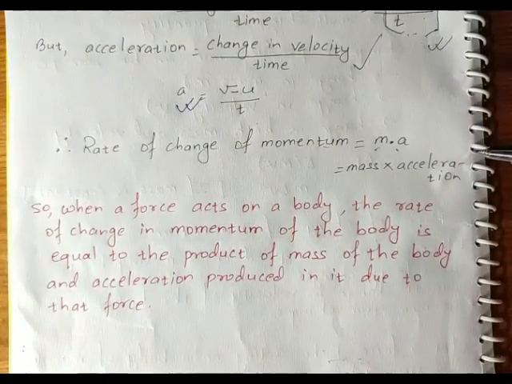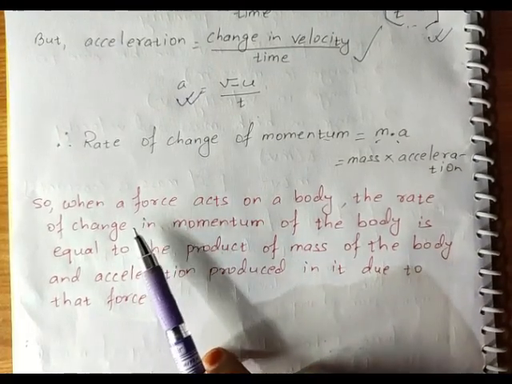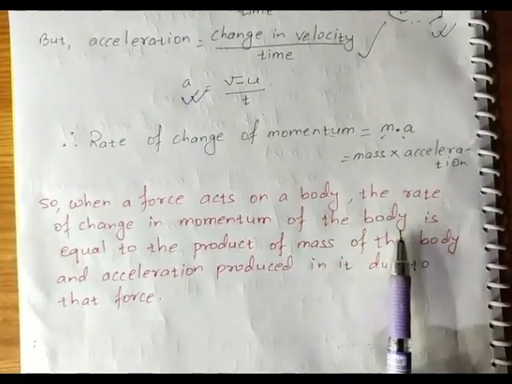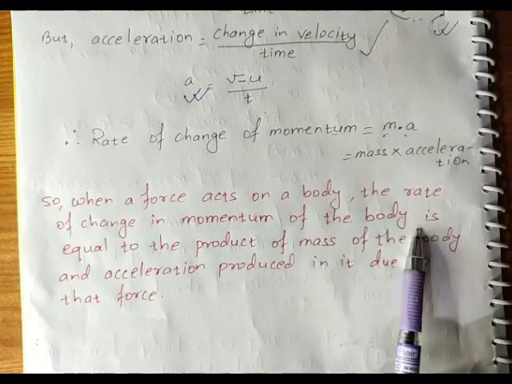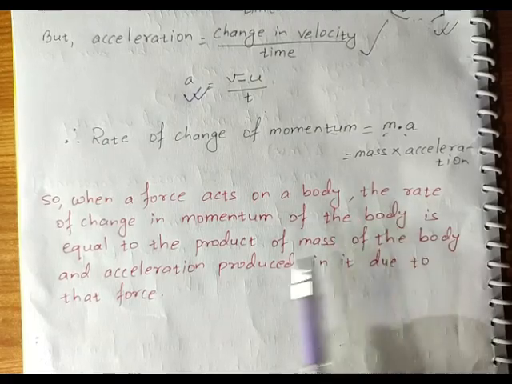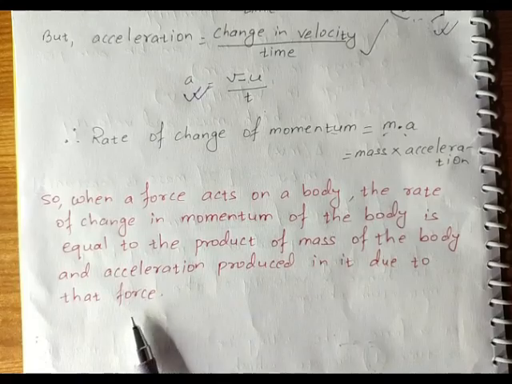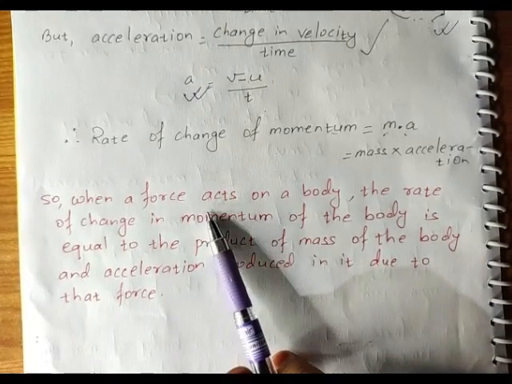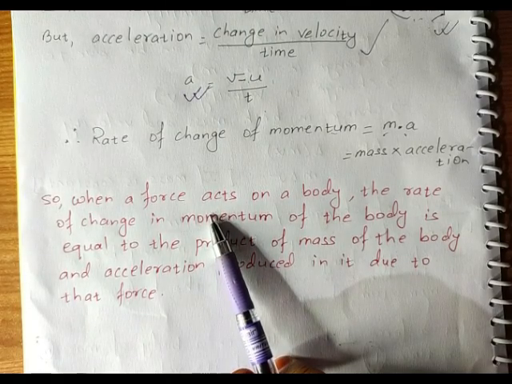So what did we conclude? What is the conclusion? Whenever a force acts on a body, the rate of change of momentum of the body is equal to the product of mass of the body and acceleration produced in it due to that force. Whenever you apply force on a body, its velocity changes.